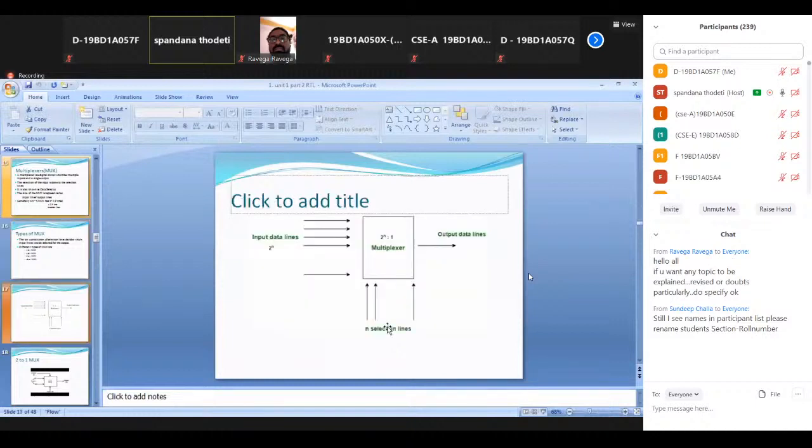Let us see what a 2 by 1 multiplexer is. This is the general format of a multiplexer. The size is 2 power n by 1, which means the number of input lines is 2 power n, where n is equal to the number of selection lines. From these 2 power n input lines, a single line is selected as your output line.